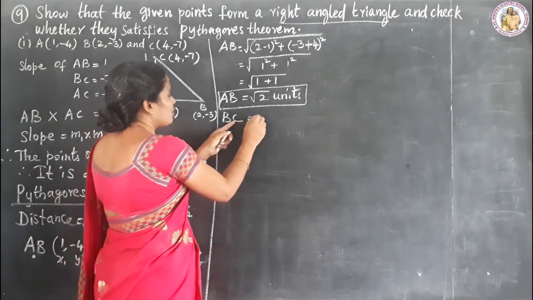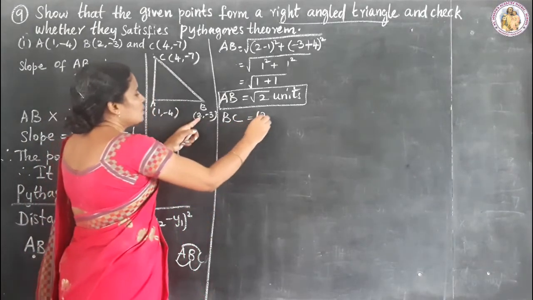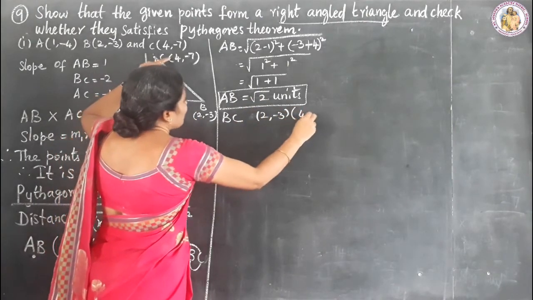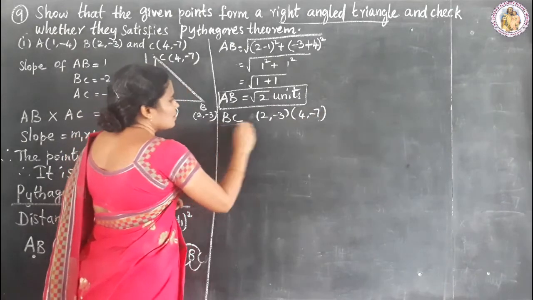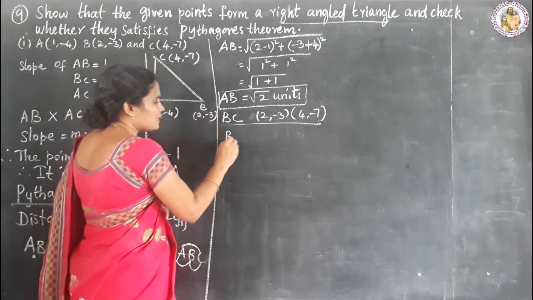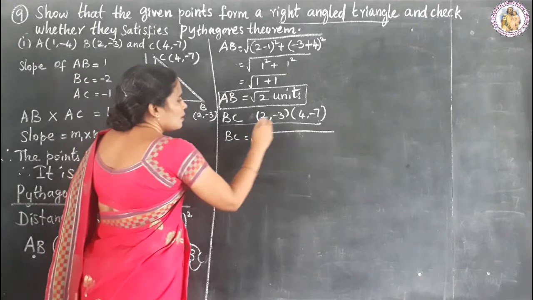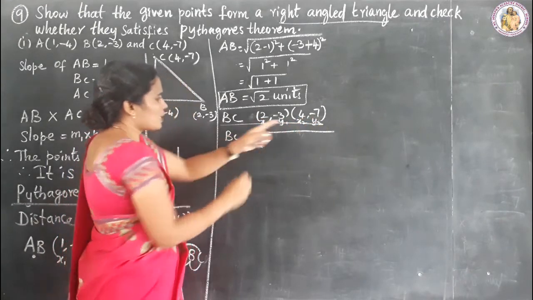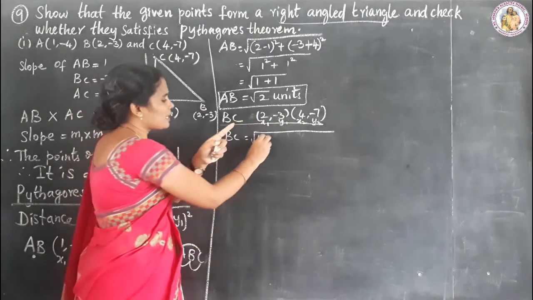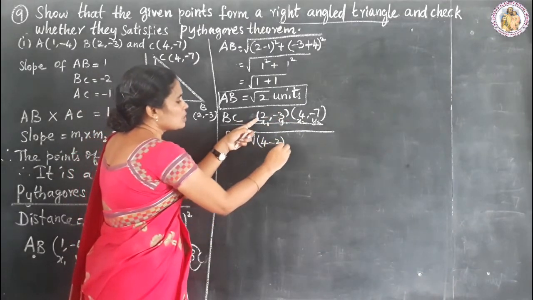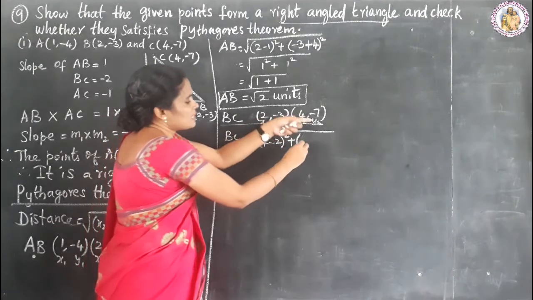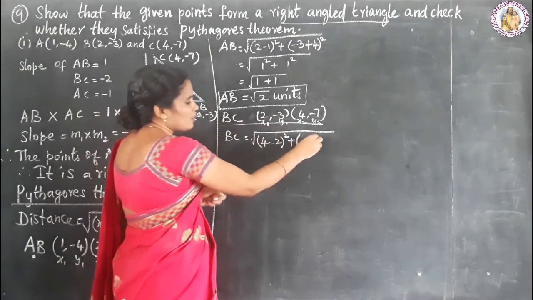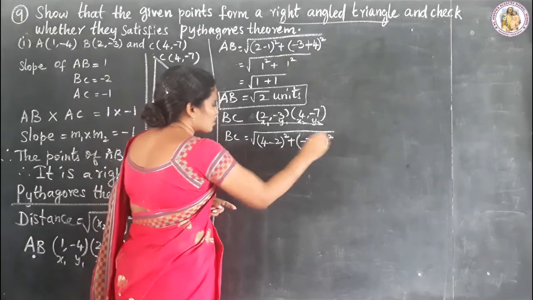BC is equal to, write the points. B (2, -3) and C (4, -7). Okay, using distance formula, BC is equal to x2 minus x1, 4 minus 2 whole square, plus -7 minus (-3), while it comes here it becomes plus 3, whole square.